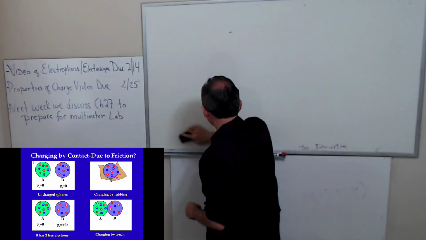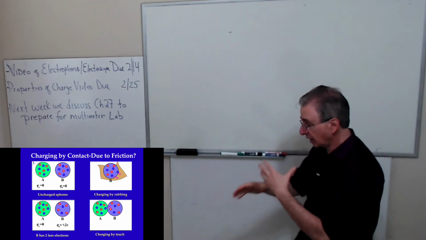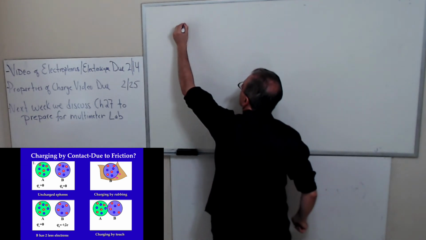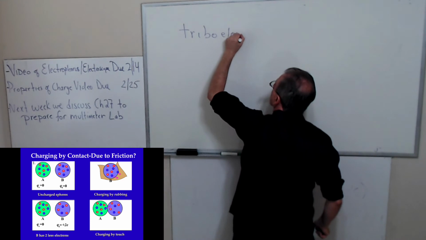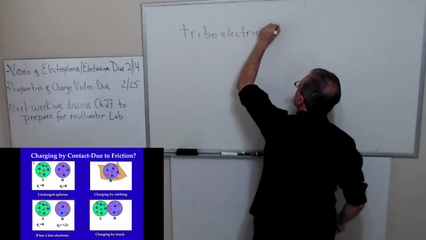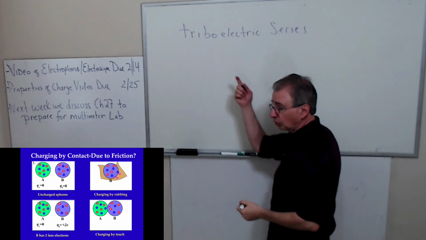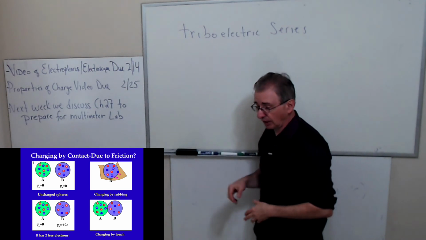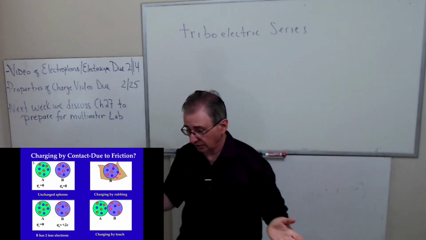The triboelectric series basically measures whether a material wants to pick up electrons or give off electrons. And so if you have two materials that have the same triboelectric rating, you can rub them together till you're blue in the face. You're not going to transfer charge.